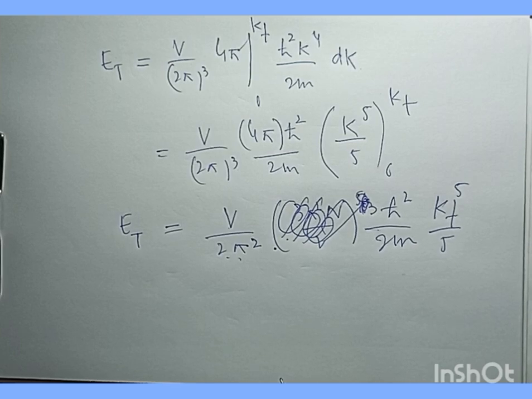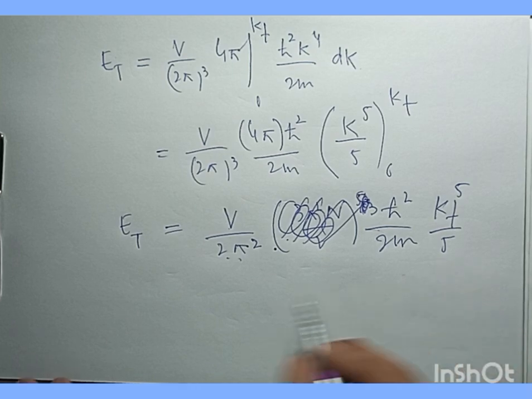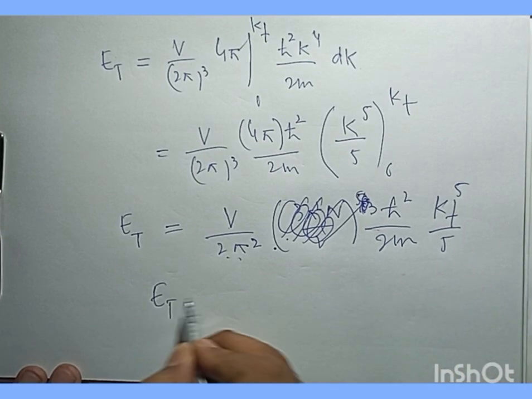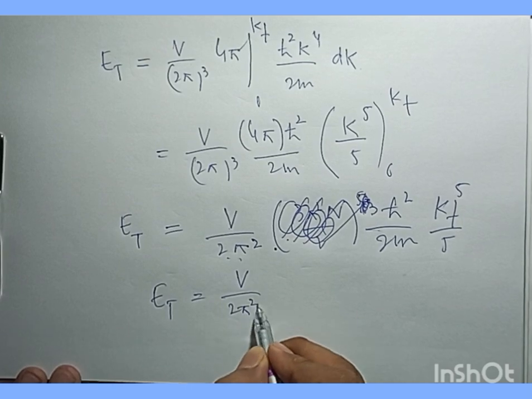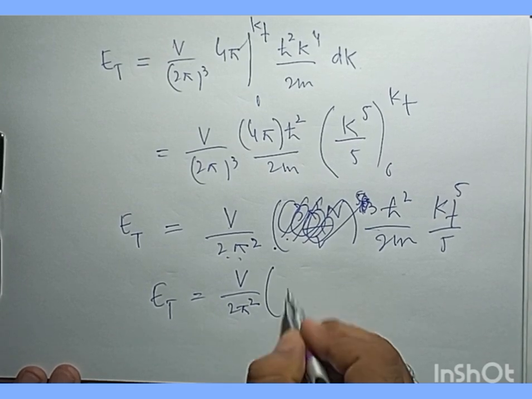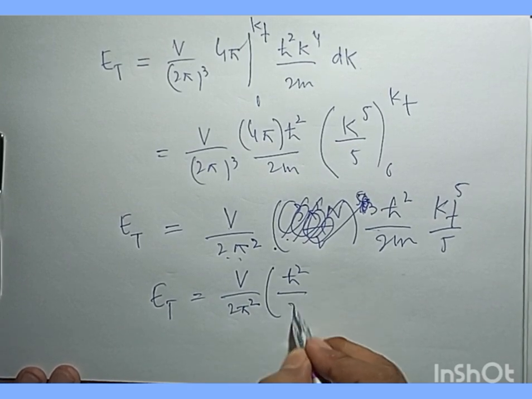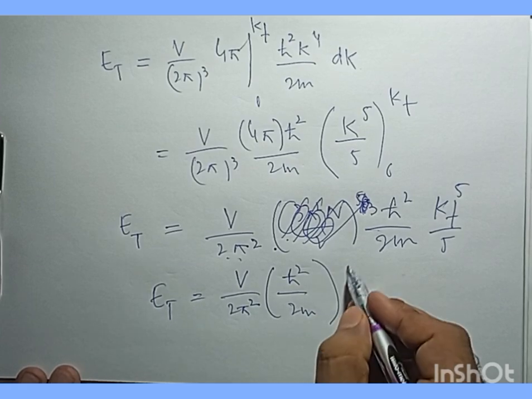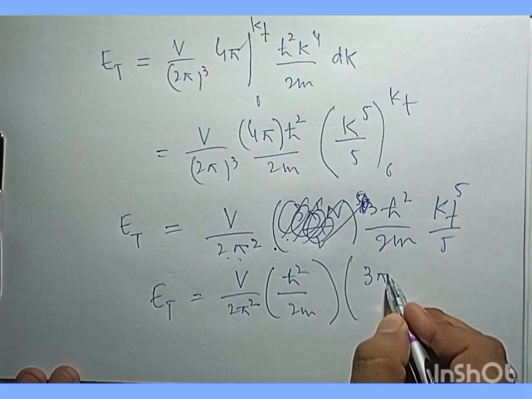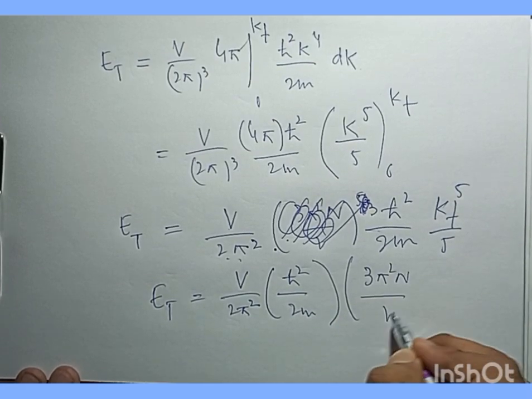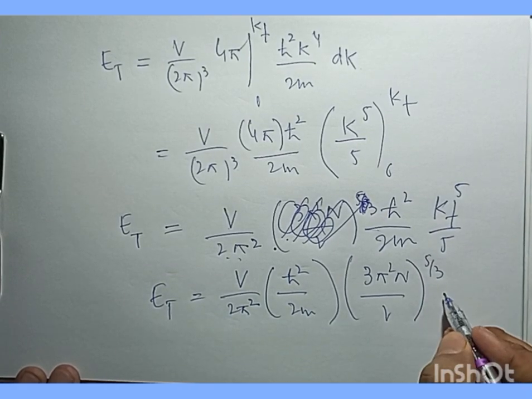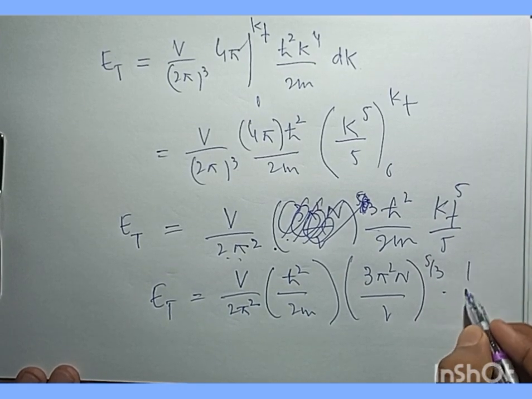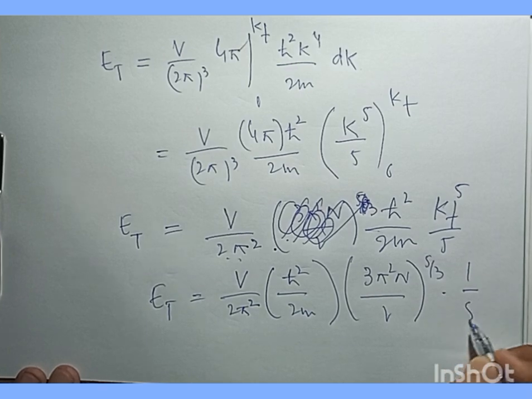Now substituting kF, if we substitute kF in this equation, what will be E total? That will be V by 2 pi square, and then you will have h bar square by 2m, then you will have 3 pi square n by V whole raised power 5 by 3, and times 1 by 5.